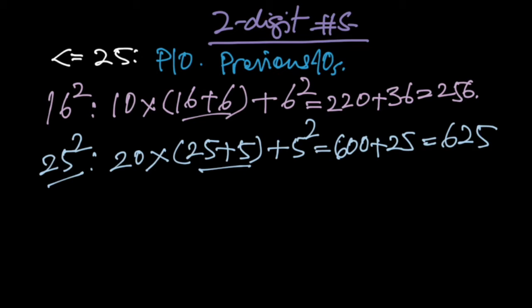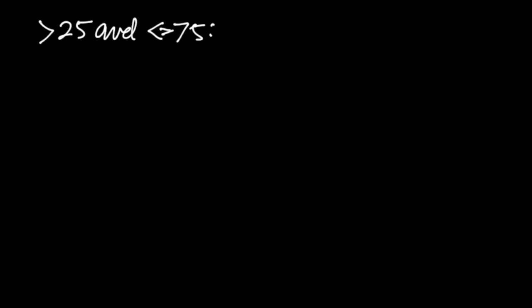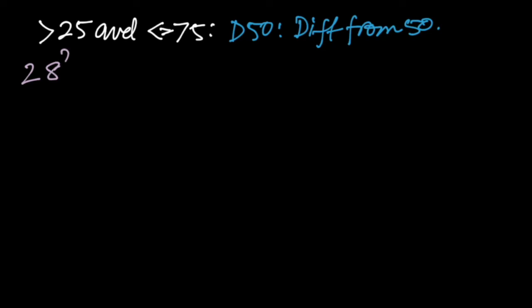Now let's take the next case of 2-digit numbers. Here we use technique D50. D50 means difference from 50. Let's do some examples. Let's take 28 square. We first write 25.